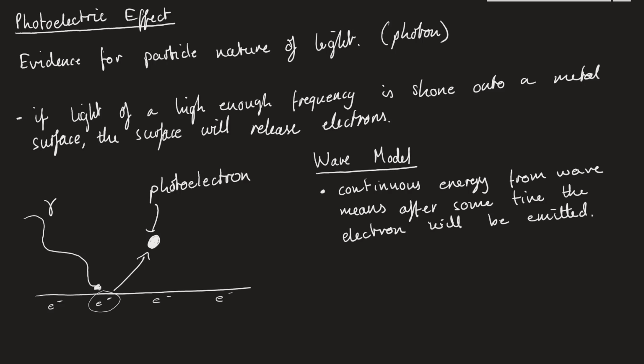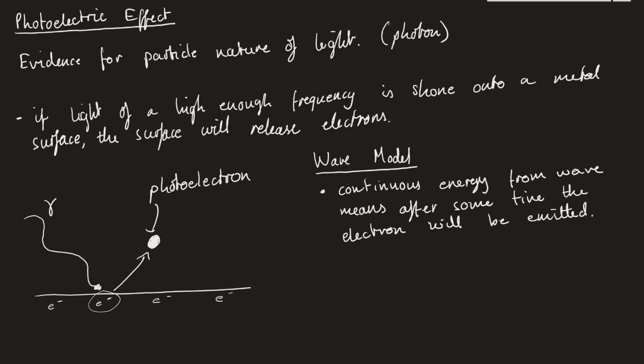If we know the rate of energy transfer, we can calculate how long it should take for an electron to be emitted. It's usually on the order of a few hours, which is a very long time to wait in a lab, but not so long that we'd never be able to see it. So we can carry out this experiment, leave it for a few hours, and see what happens.